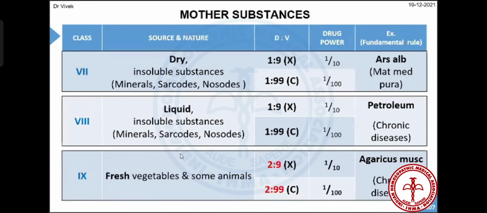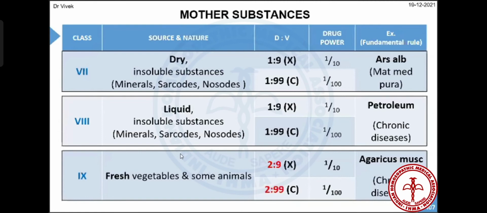That is how you differentiate class 7 and 8. Class 7 is mentioned under ars alb. Class 8 is mentioned under petroleum. Petroleum is a liquid, no? Liquid insoluble substance, so it is mentioned under petroleum.